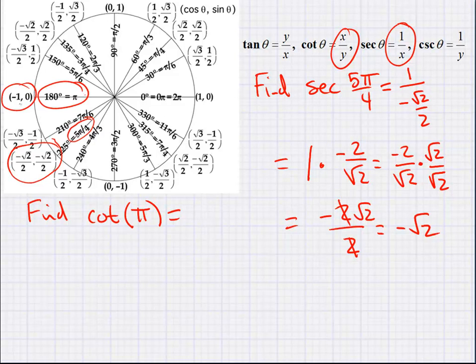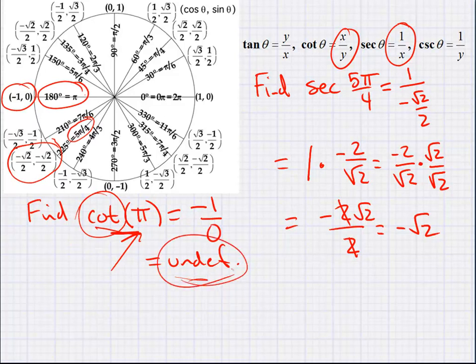Here's pi. Here's negative 1, 0, so negative 1 over 0. And if I did that, negative 1 over 0, I get something that's undefined. Alright, that's fine. You can get an answer that's undefined. Well, what does that mean? It means that I can't take the cotangent of pi. Pi cannot be in the domain for this function because I don't get an answer out of it. So we'll have to discuss domains for these four trig functions.